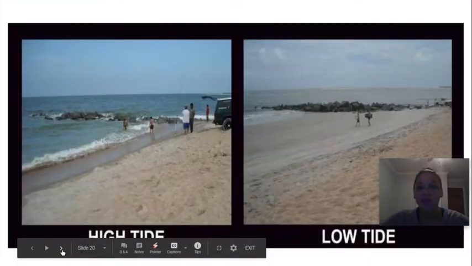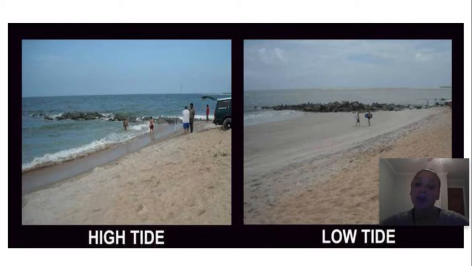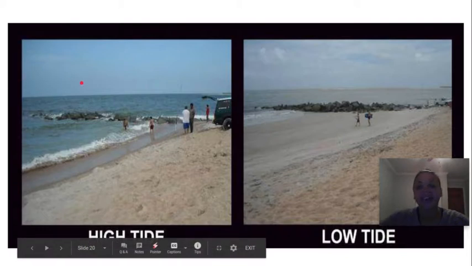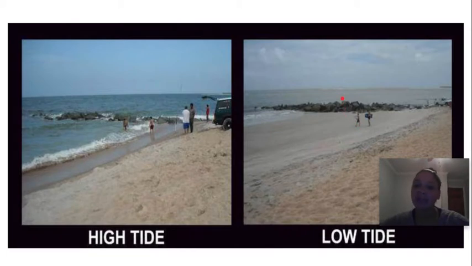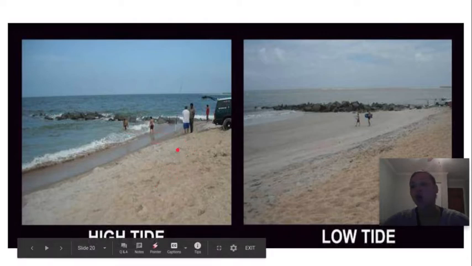All right, so now that we know what causes tides, let's talk about two different types of tides. There is a high tide on the left screen, and in the same area, there is a low tide. Okay, and so every day, boys and girls, there are 2 high tides and 2 low tides. All right, so if you've ever been to the Jersey Shore or the Delaware beaches and you've gone for a beach day, when you get there in the morning and it's high tide, there is nowhere to sit on the beach because the water is all the way up close to the opening of the beach.